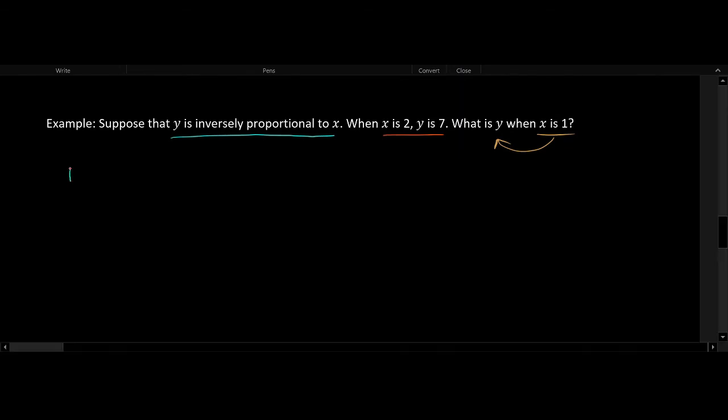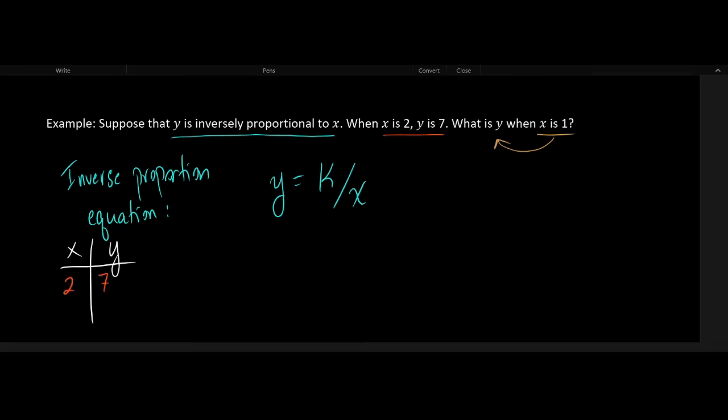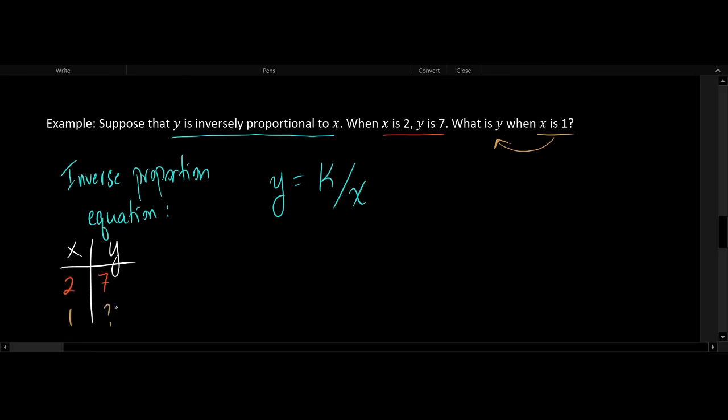So our inverse proportion equation is y equals k divided by x. Inverse proportion, divide k by x. And we also have our table, which says that when x is equal to 2, y is 7. When x is equal to 1, what's y?